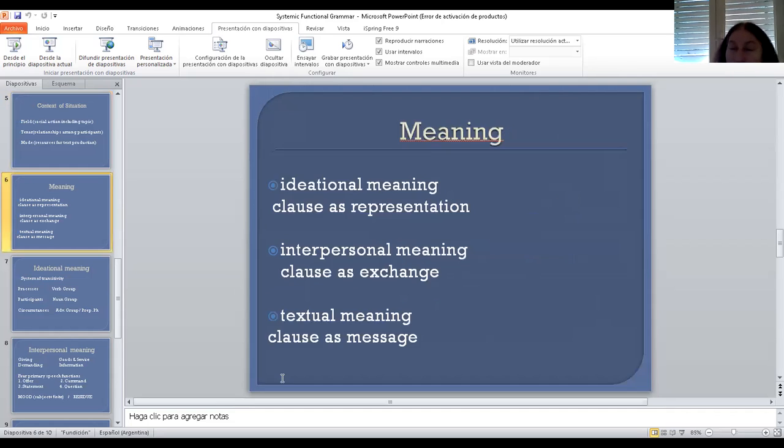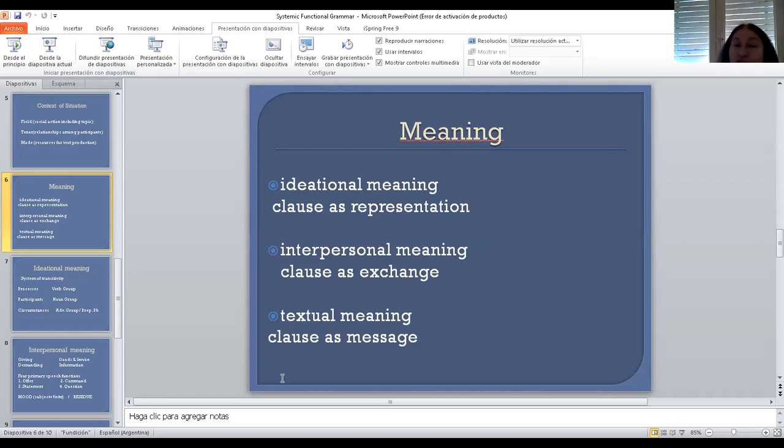Meaning, this is something we have already discussed in Grammar 1, and it is very important because, as we said before, meaning plays a key role within the theory. You know about the three metafunctions: the ideational, interpersonal, and textual metafunction.